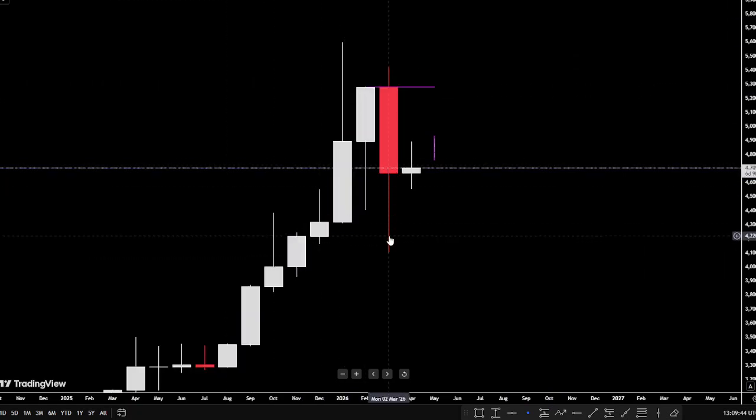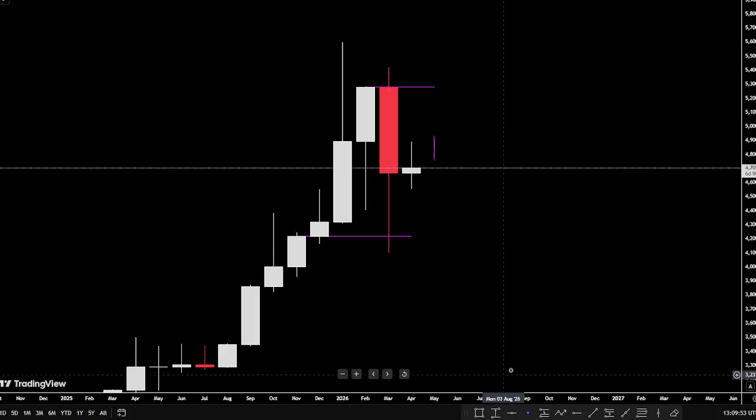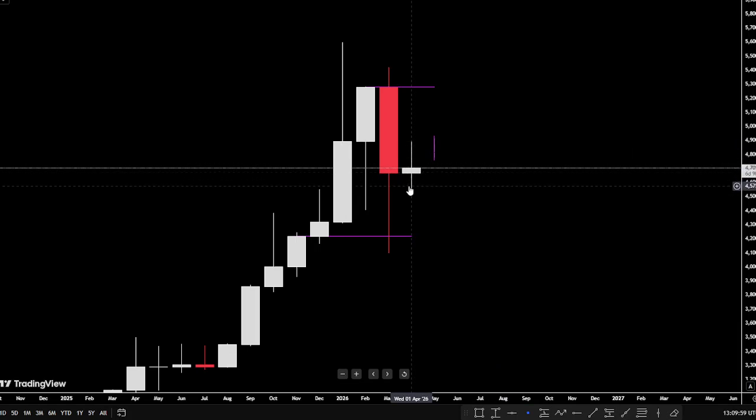And then what caused this reaction? Okay, we can see that there is an open close bullish key level here. So let's just mark that level, okay? And then this is the current month. This is the month of April, right? So what is causing this rejection here, right?